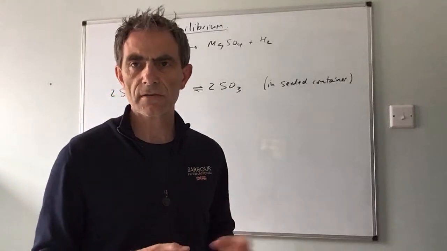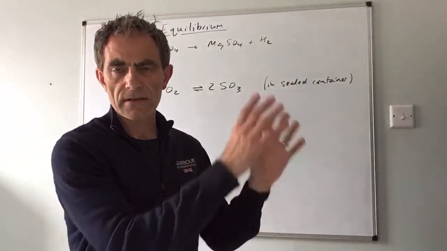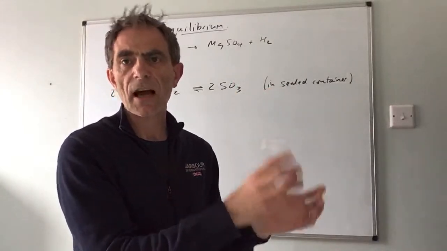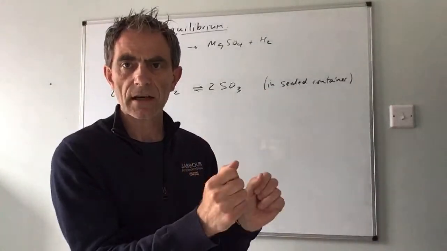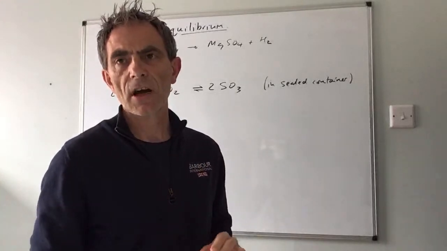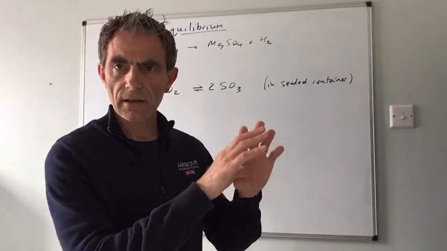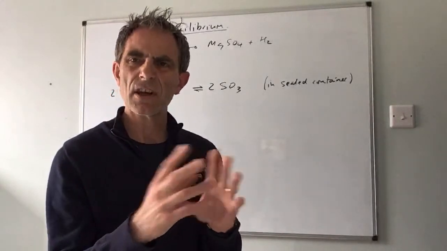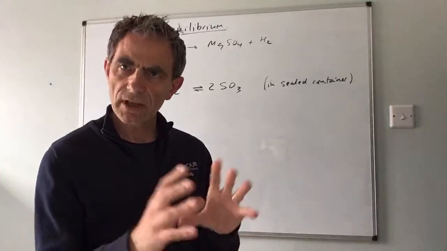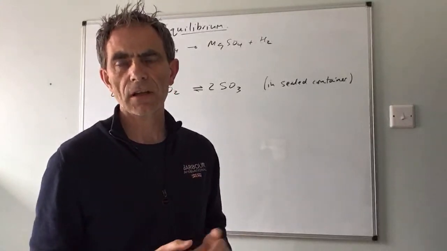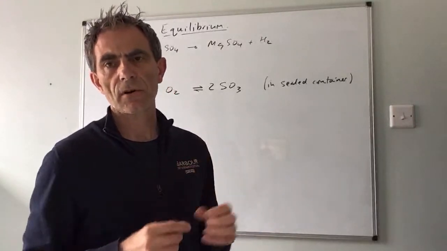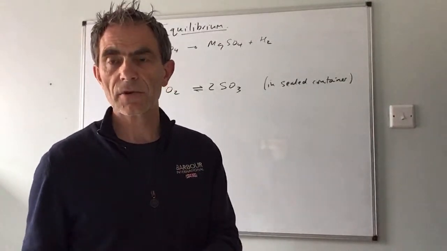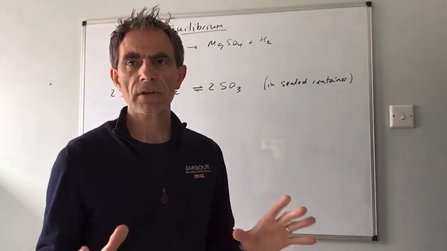OCR-A is more traditional: this is the content, this is the theory, so you go and learn and understand that, and then they ask you questions directly linked to it. Whereas with OCR-B, you still learn the content, but the questions are set in a scenario, like a story, and you've got to unpick from the story what the chemistry is, and then apply your chemistry knowledge to that. So it's a very, very different approach.